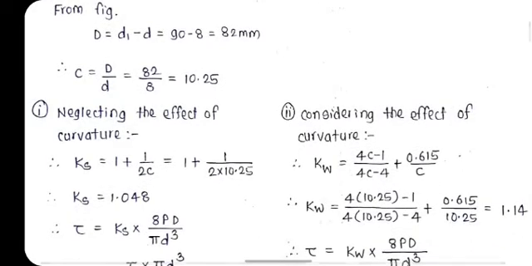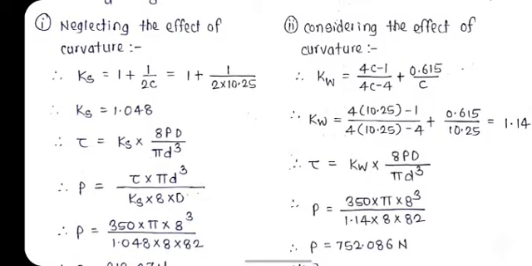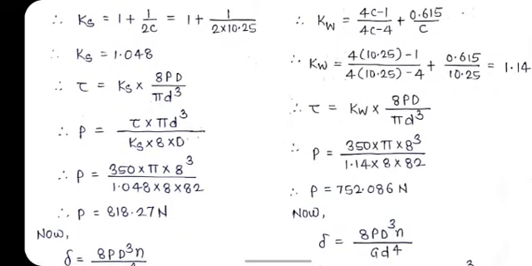When you have to neglect the effect of curvature, we consider the stress concentration factor, that is Ks. So Ks will be 1 plus 1 upon 2c, which comes out as 1.048. Now the equation of shear stress by neglecting the effect of curvature is tau is equal to Ks 8PD upon pi d cube. Rearrange the equation for the axial load P, and you will get the axial load as 818.27 Newton.